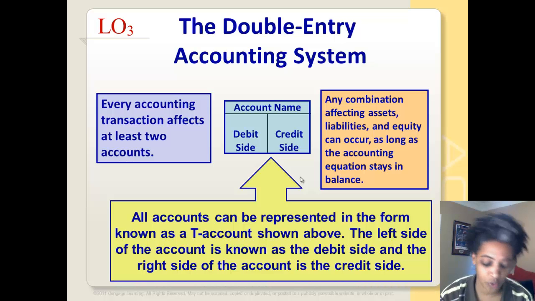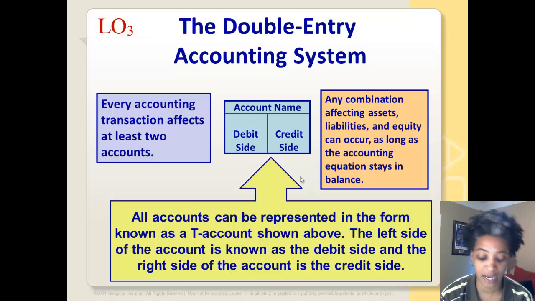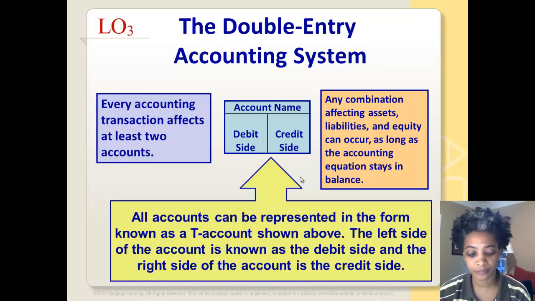So cash, or accounts receivable, or bonds payable, or additional paid-in capital. So any combination affecting assets, liabilities, and equity can occur, but you've got to keep the equation in balance like we've been doing all along.